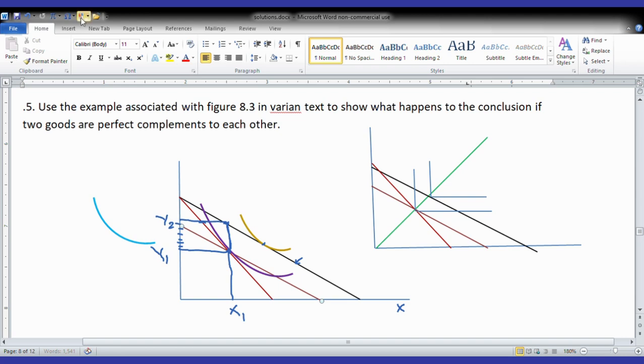The budget constraint has shifted inward in a parallel fashion, and this vertical distance now is representing the amount of income tax measured in terms of units of Y. Because these two budget constraints are parallel, this distance is equal to this distance, is equal to this distance, and so this is the amount of tax.